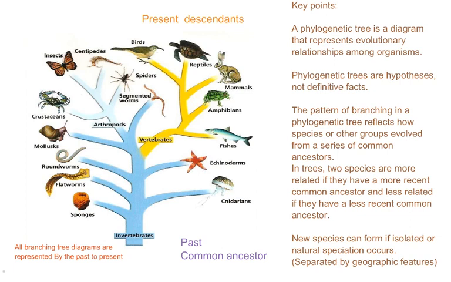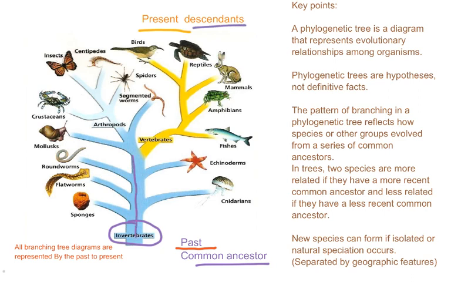Let's take a look at this branching tree diagram with specific animals. All branching tree diagrams are represented from the past to present. In this branching tree diagram, you will notice that there are specific features that connect common ancestors to its descendants.